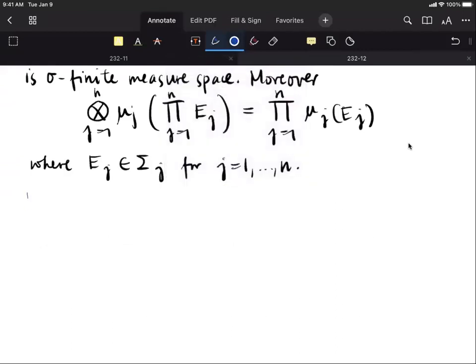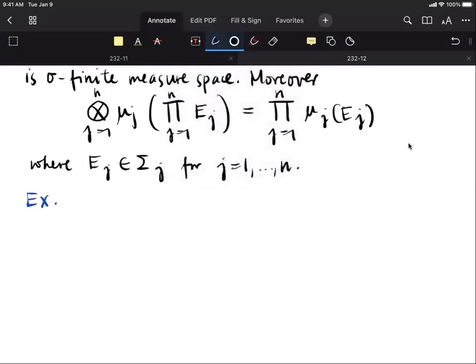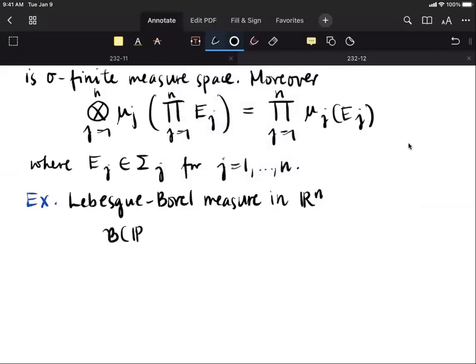Just a quick example. In the context of the Lebesgue measure in Rn, or Lebesgue-Borel measure in Rn. So first, the Borel sigma algebra on Rn.